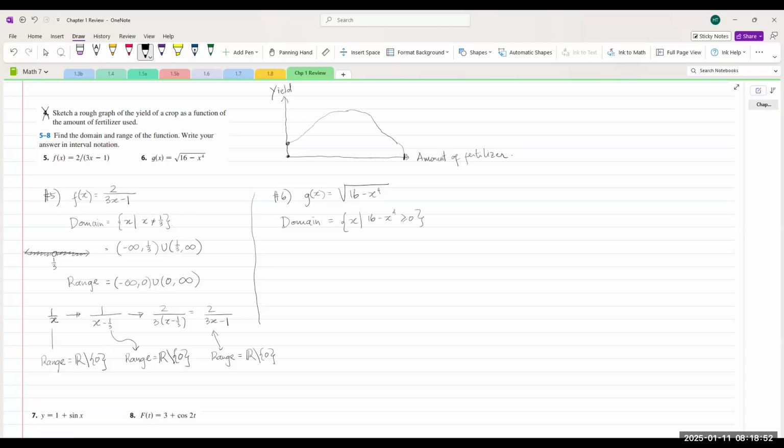So we need to solve 16 minus x to the 4th to be at least 0. It means x to the 4th is at least 16.